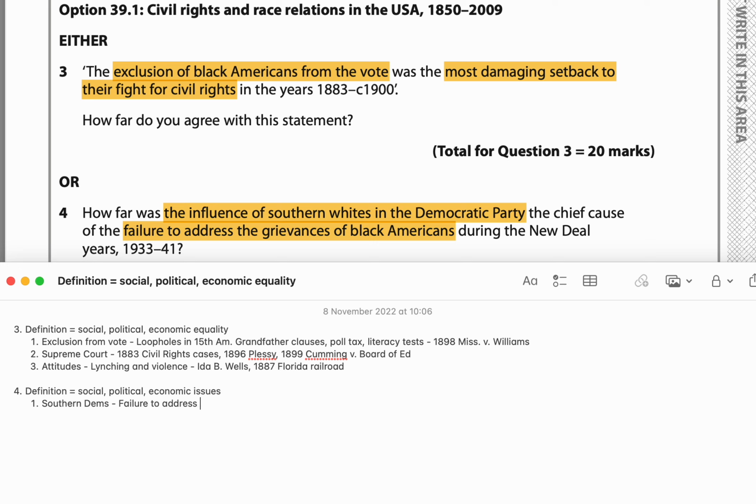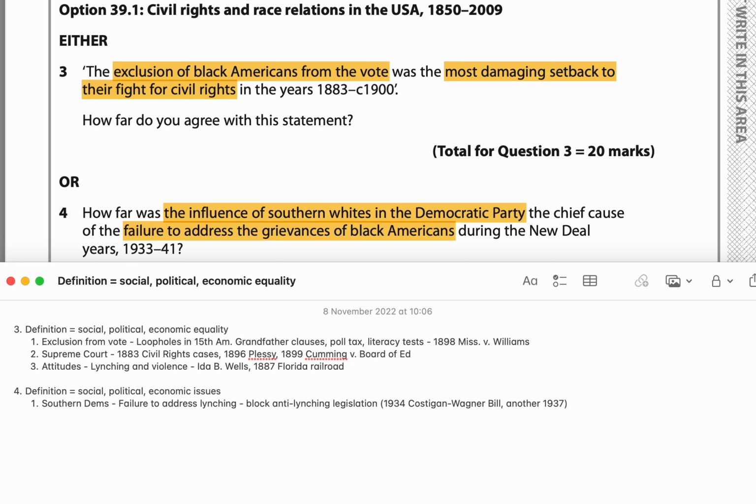Okay, and specifically we're talking about 1934, the Costigan-Wagner bill, which was blocked by Southern Democrats, and another attempt in 1937. So both times there's an attempt to pass anti-lynching legislation which is blocked by Southern Democrats.